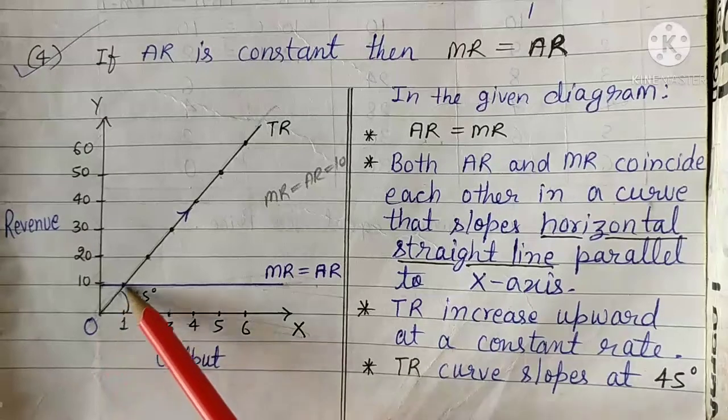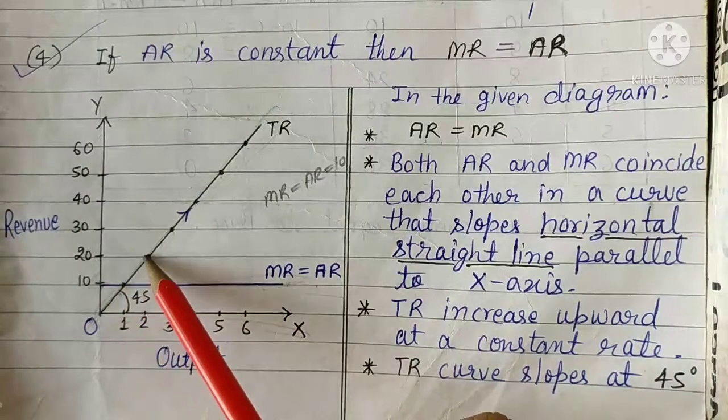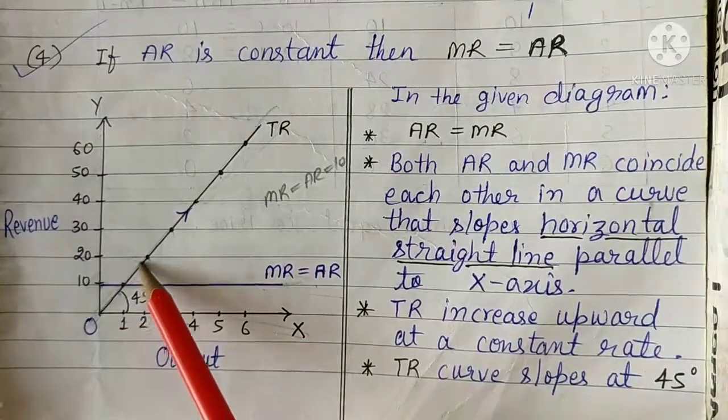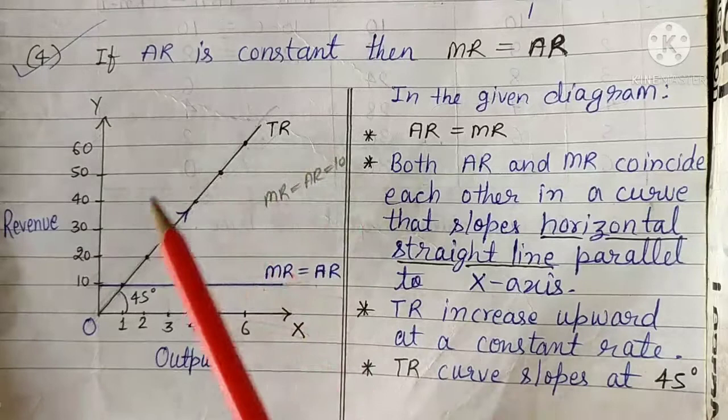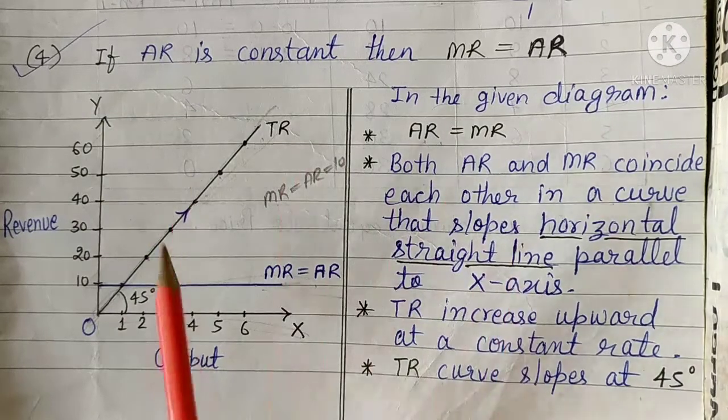And TR is increasing upward at a constant rate. Every time it increases by 10: first 10, then 20, then 30, then 40, then 50, then 60. So the TR curve slopes at a 45 degree angle. This is our AR, TR and MR with the help of a diagram.